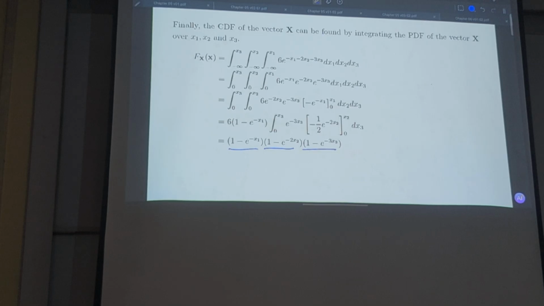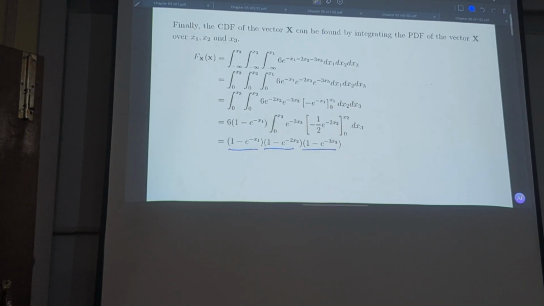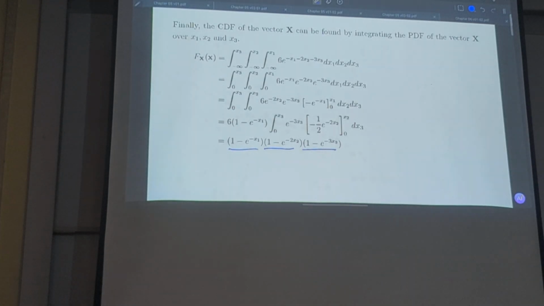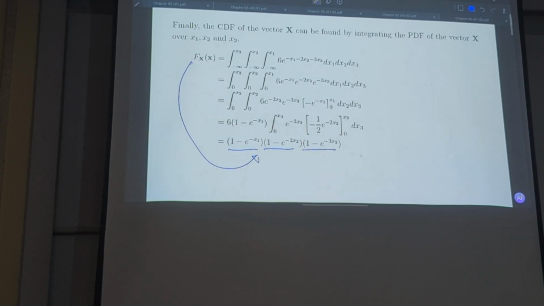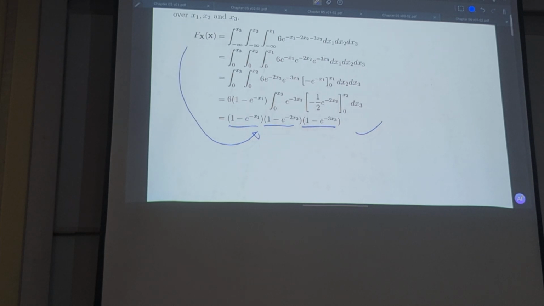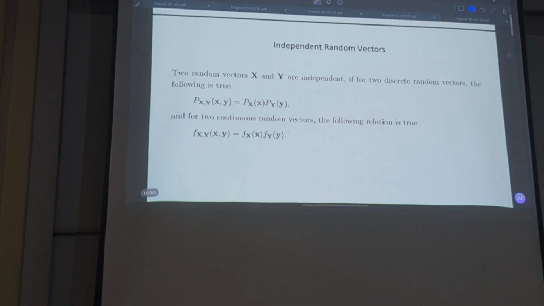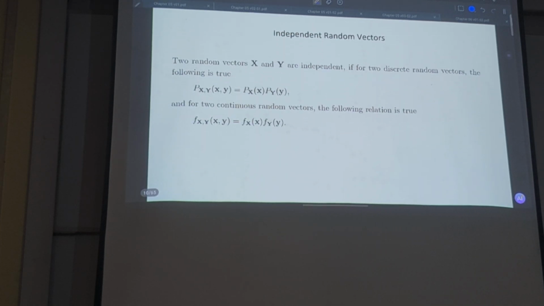In case of the multivariate distribution, from this CDF we calculated what? The PDF. Now from the PDF we are calculating the independent random vectors.